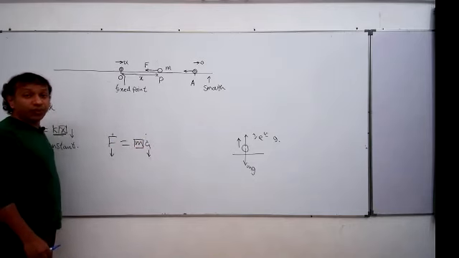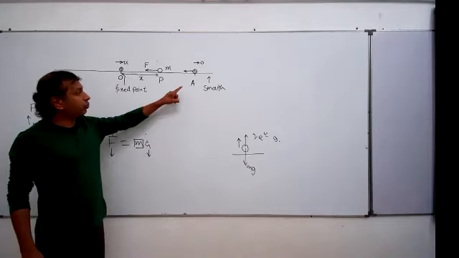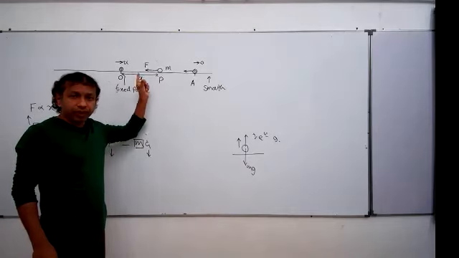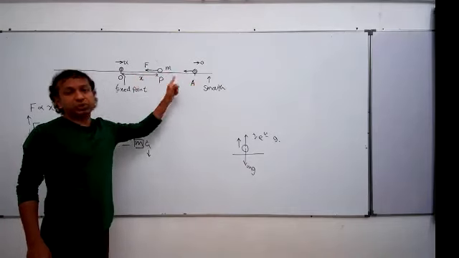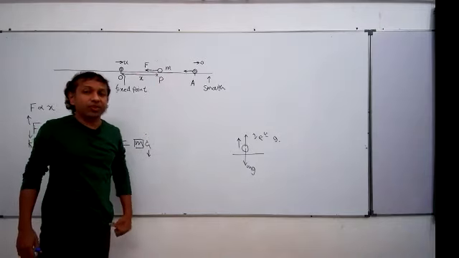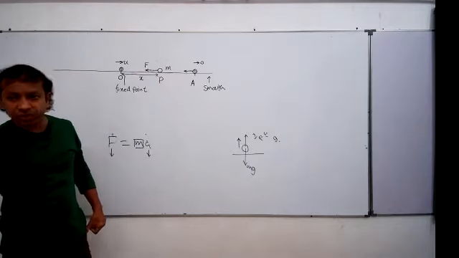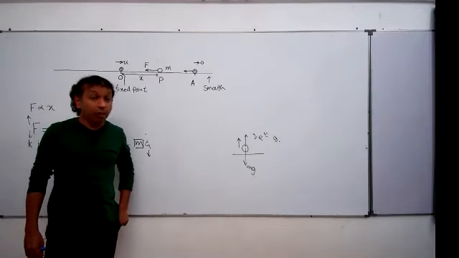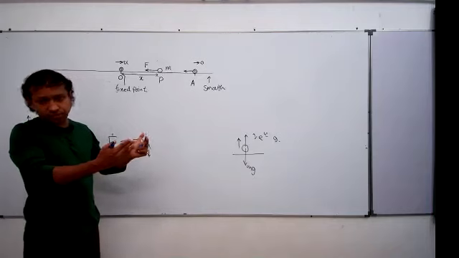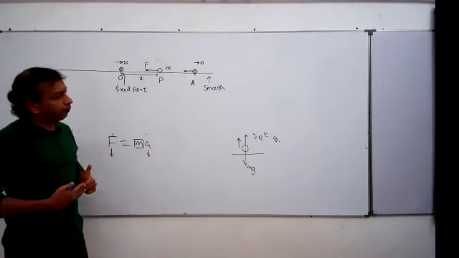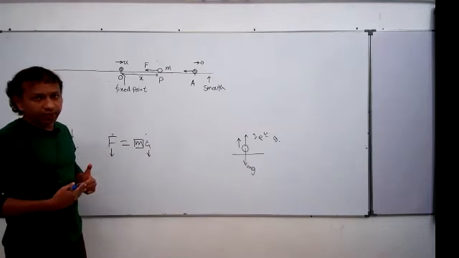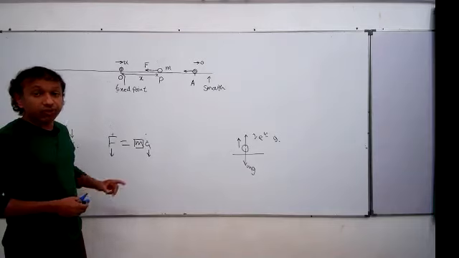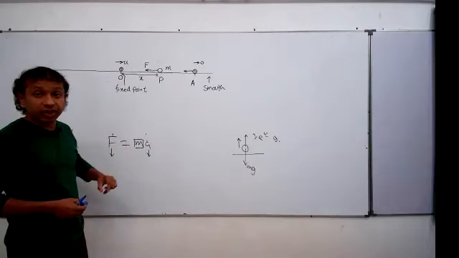So throughout the motion from A to O, since the force acts in the same direction as the motion, the particle will get an acceleration. That's true. But as the particle comes towards the point O, the acceleration of the particle gradually decreases because the force F acting on the particle decreases.